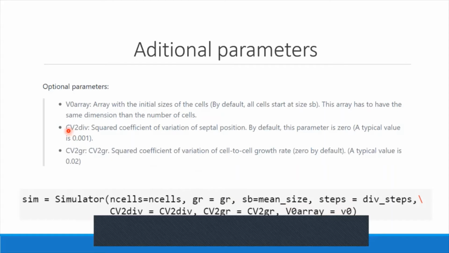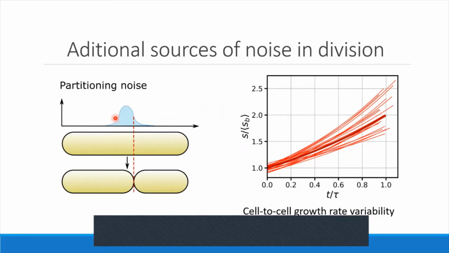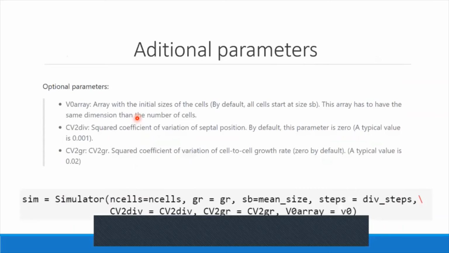The other parameter is CV2diff, which is the CV squared, the coefficient of variation squared, of the septal position. I mean, the variance of this distribution over 0.5 squared.